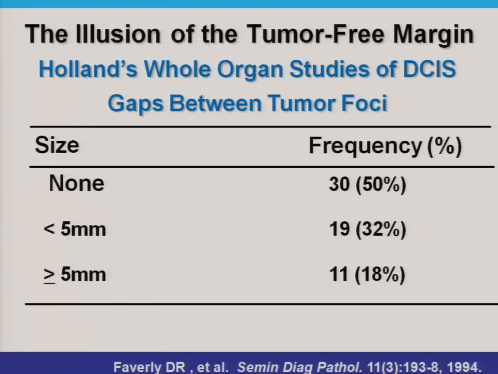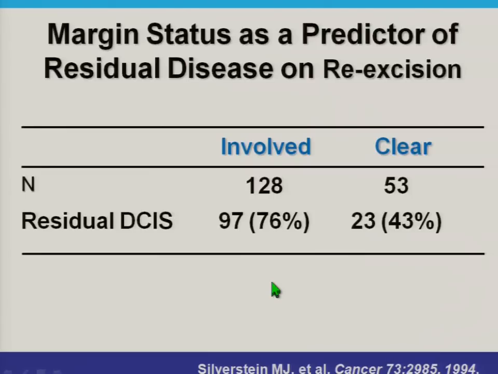And I actually think this whole margin thing is an illusion, and Holland's work has shown that. There are gaps in tumors, especially in DCIS. So if you looked at gaps between the tumor foci, a third of them, it was less than 5 millimeters, and about 20%, it was greater than 5 millimeters, so you could have 5 millimeter negative margins and still have residual tumor.